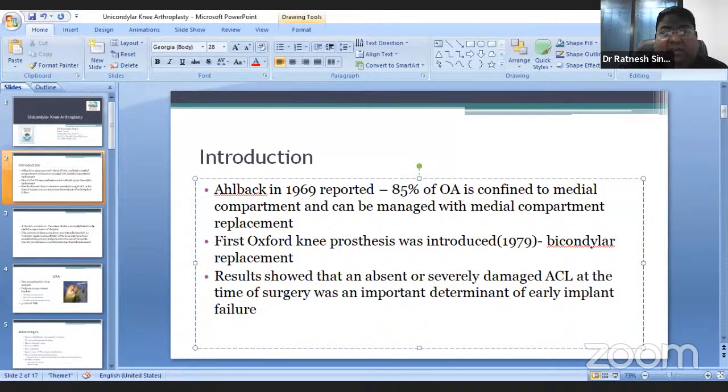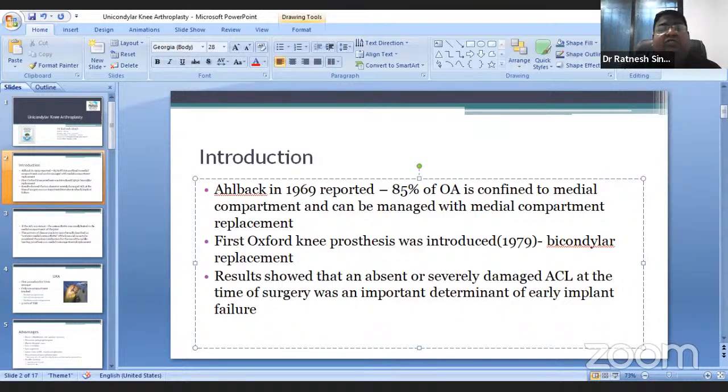But for all practical purposes, medial compartment replacement is considered nowadays as unicompartmental replacement. Other compartments are replaced very rarely. So we can do the medial compartment replacement in 5 to 10% of TKR, what we are doing nowadays.